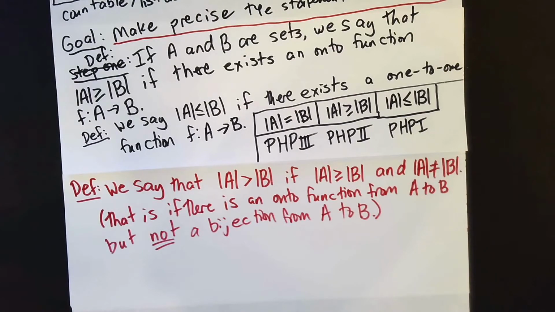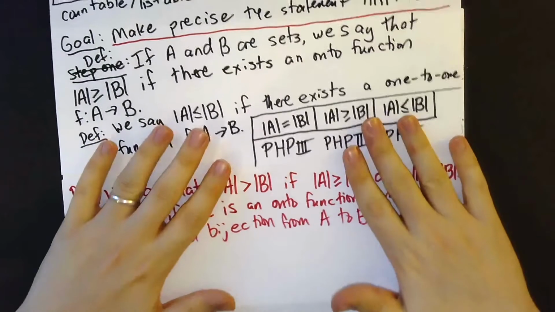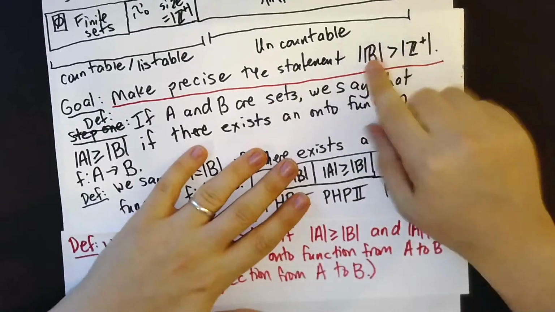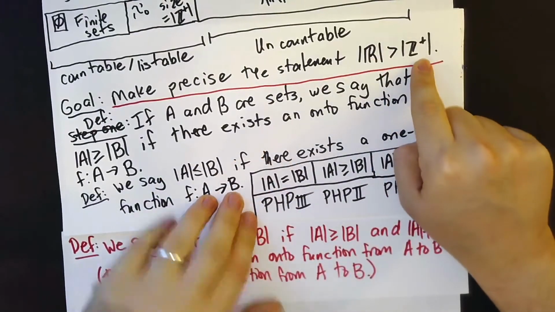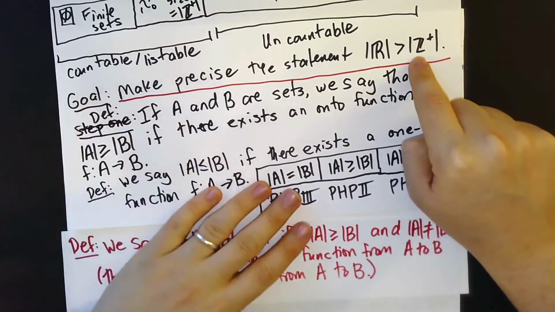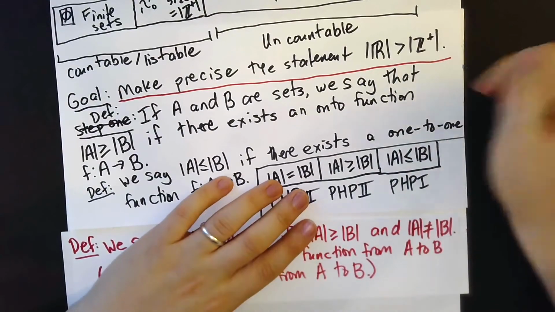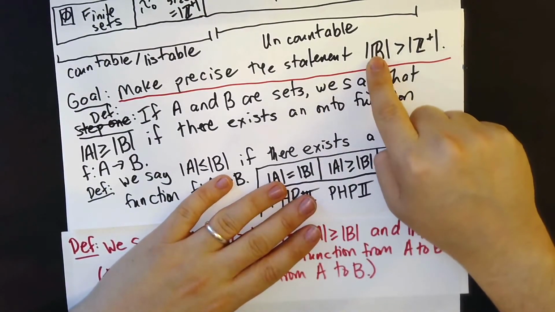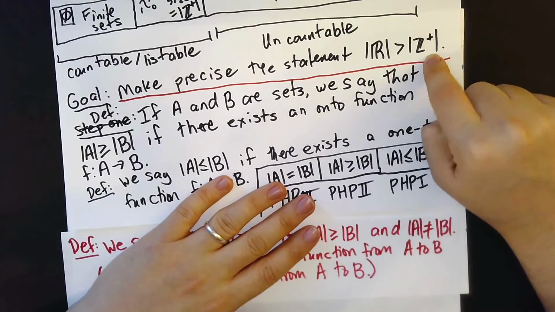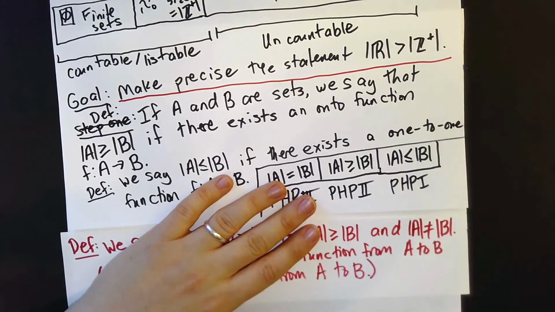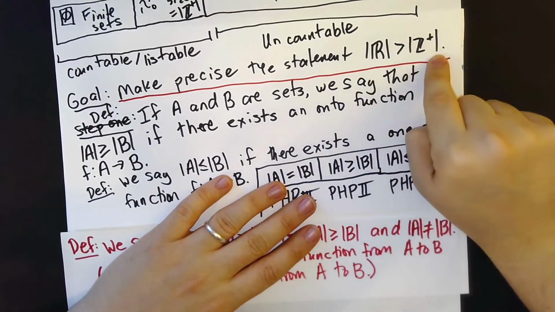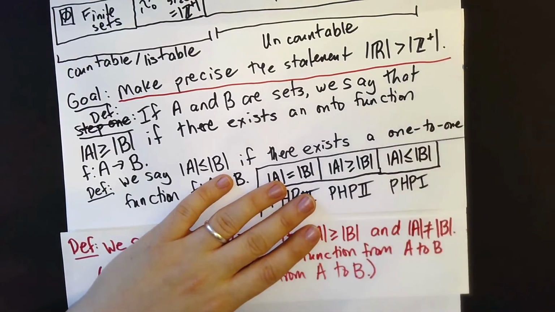So what am I really saying when I say that the size of the real numbers is strictly greater than the size of the positive integers? I'm saying that it is possible to write down an onto function from the real numbers to the positive integers, but it is not possible to write down a bijection from the real numbers to the positive integers.